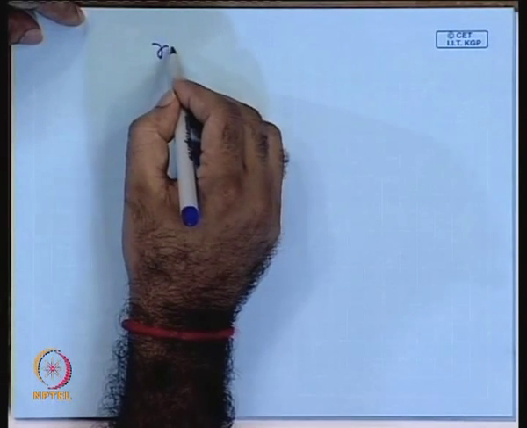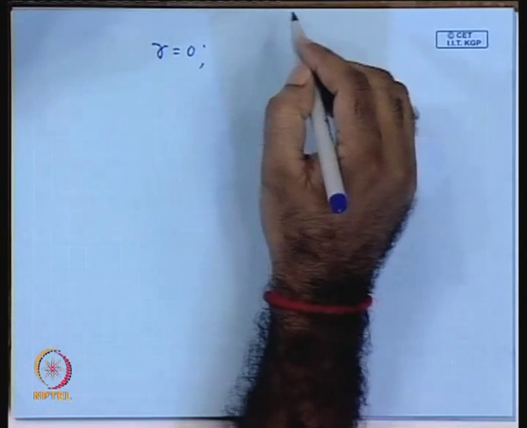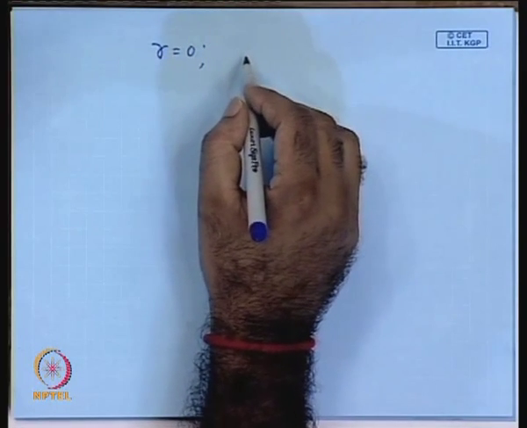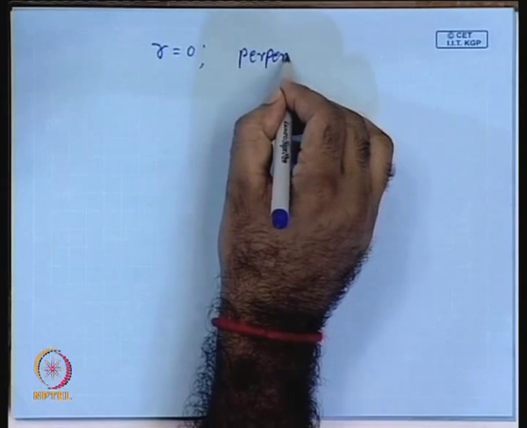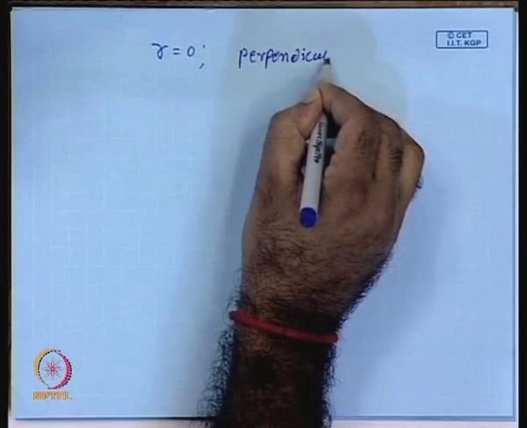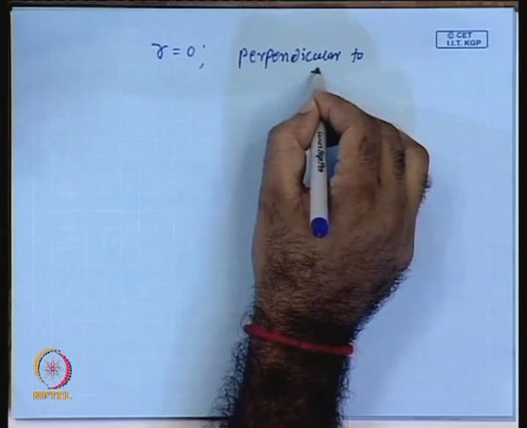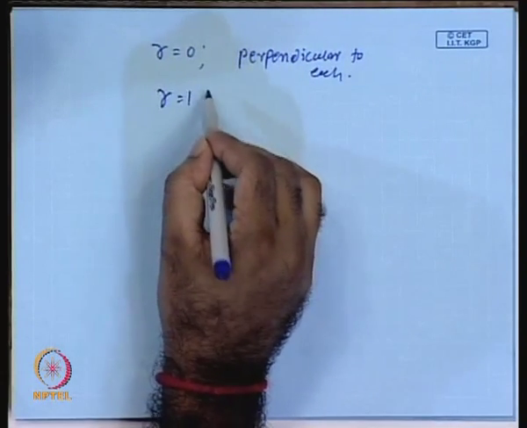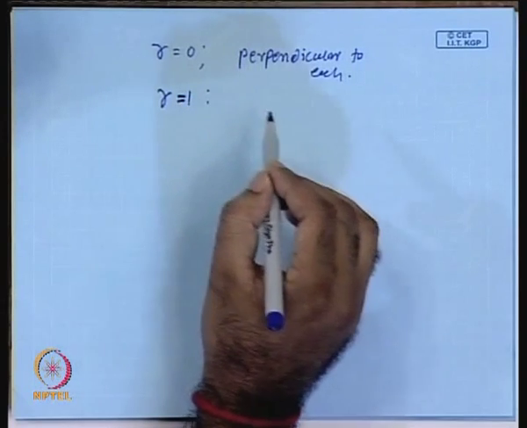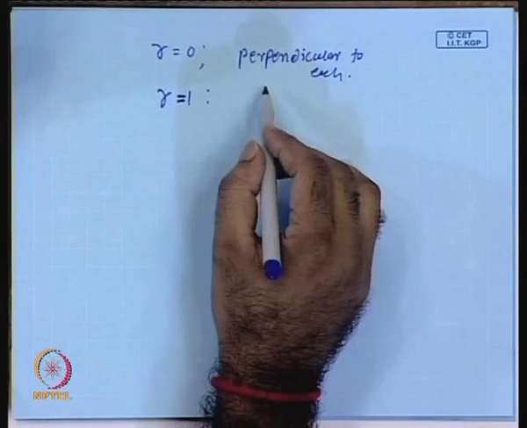When r equals 0, then obviously the two regression lines are perpendicular to each other. If r equals 1, meaning the correlation coefficient is equal to 1, then the two lines coincide.